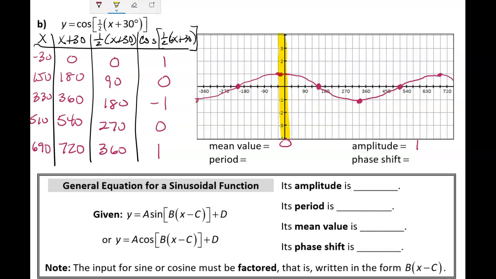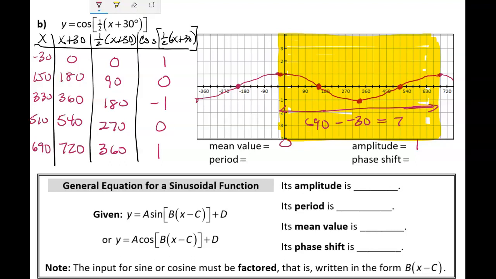Period this time, if we look at that one cycle, this one cycle right here from max to max for a cosine, let's measure the period, or the length of that cycle horizontally. And that length is the distance between the 690 at the end of the cycle and the -30 at the beginning of the cycle.